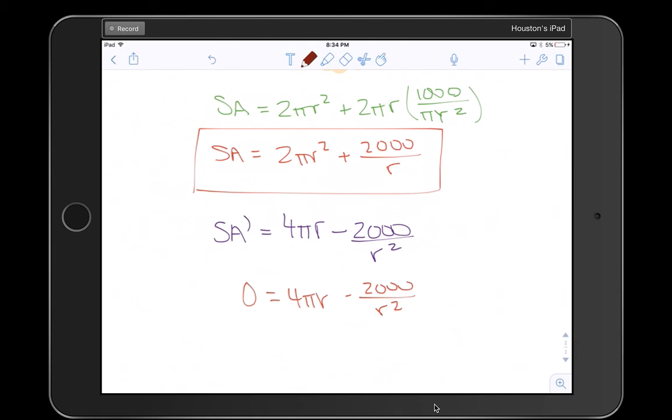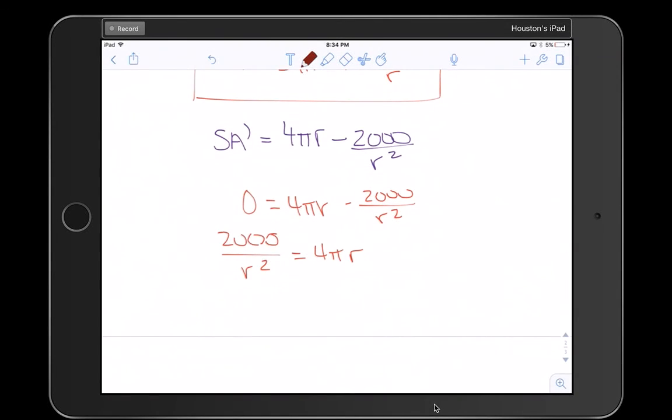So we could say add 2,000 over r squared to both sides to start solving. Multiply both sides by r squared, and that gives me 2,000 equals 4 pi r cubed.